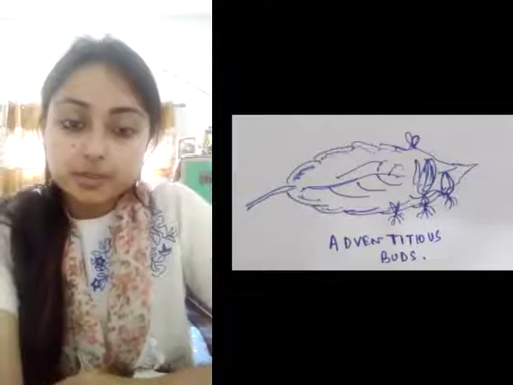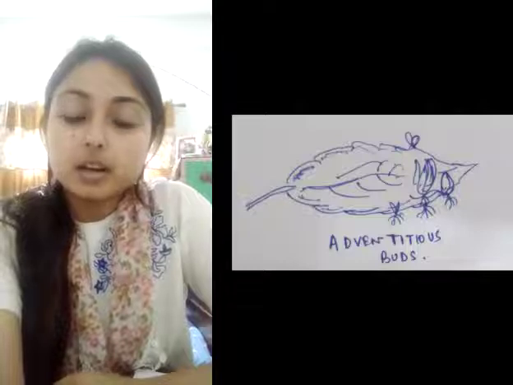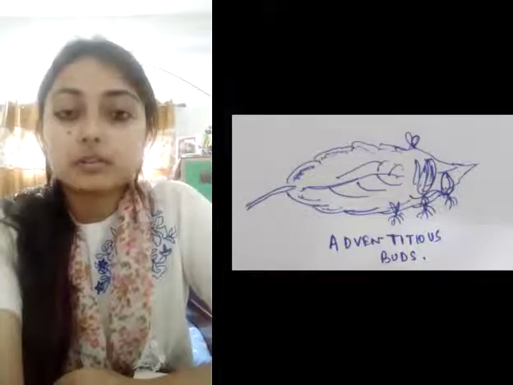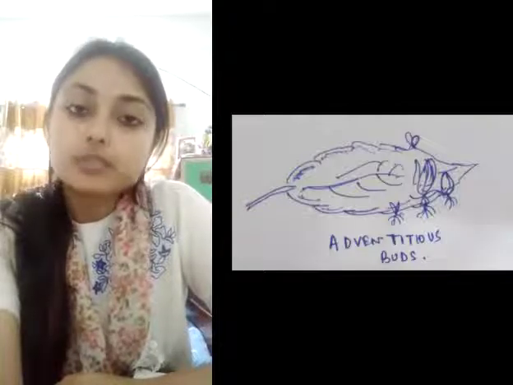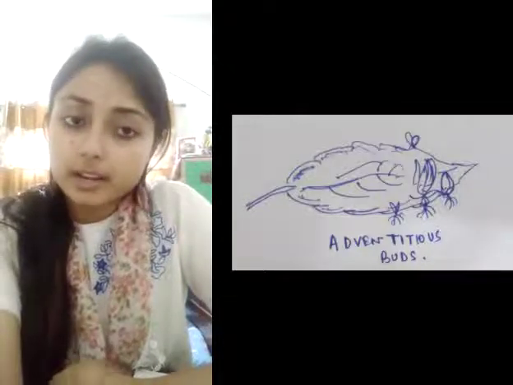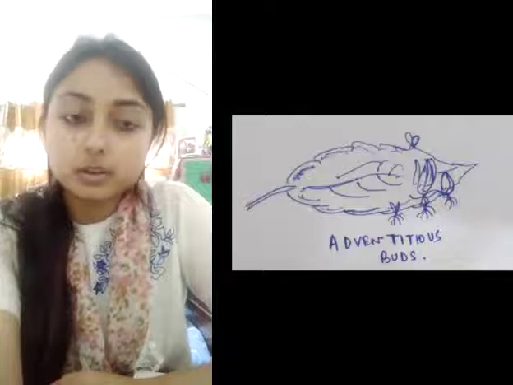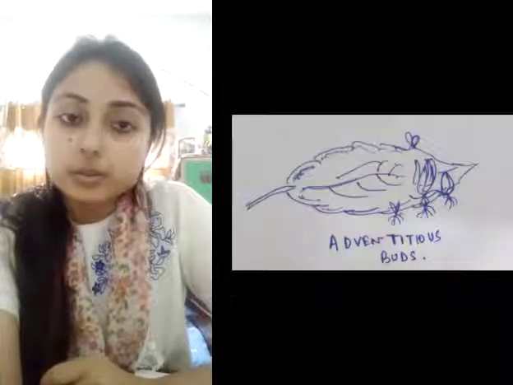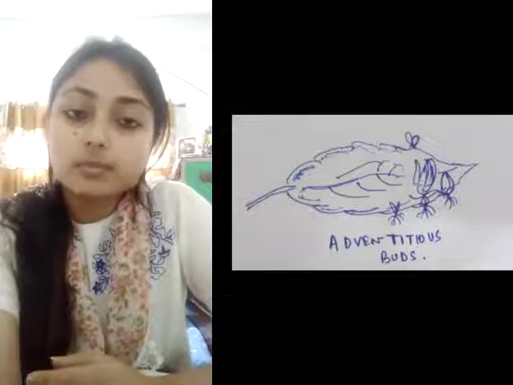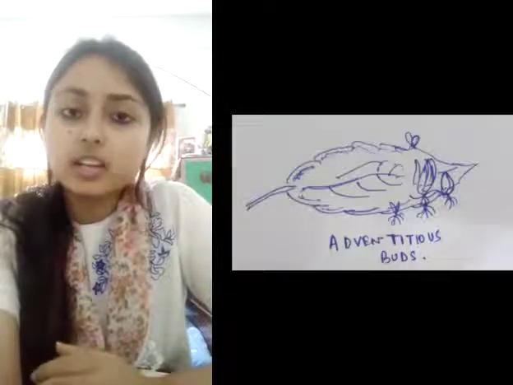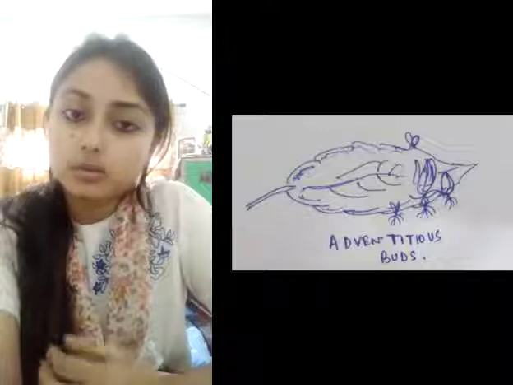The next type of natural vegetative propagation is the adventitious buds. Now, for example, in case of Bryophyllum, the leaves of the plant produce adventitious buds, and these buds grow into new plants, either when the leaf falls off from the parent plant or otherwise.